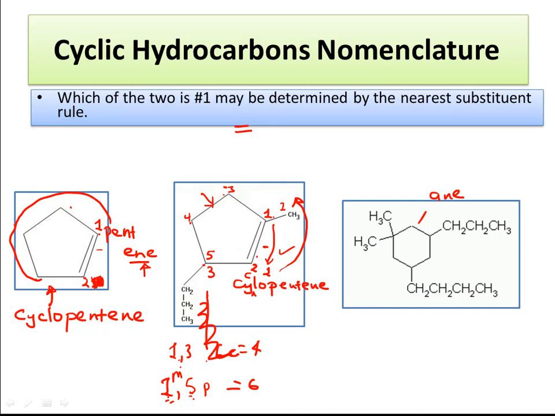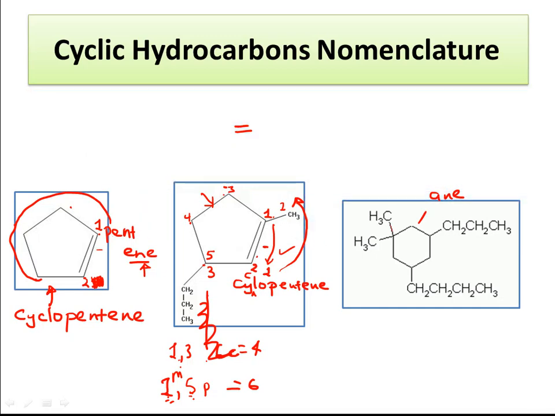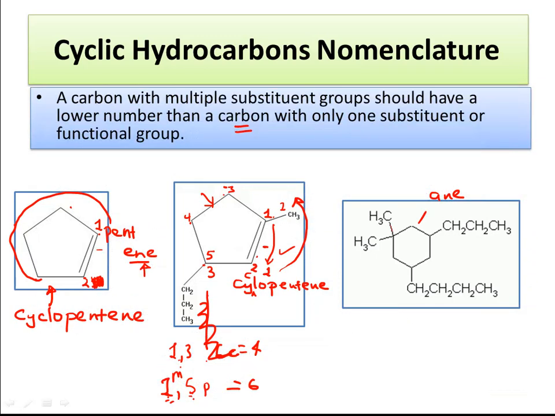Now, looking at this one here, what do we have? We can do the same looking at this one, but actually let me go on with the rules, because it's a lot easier. A carbon with multiple substituent groups should have the lower number than a carbon with only one substituent group. So let's take a look at this one here.